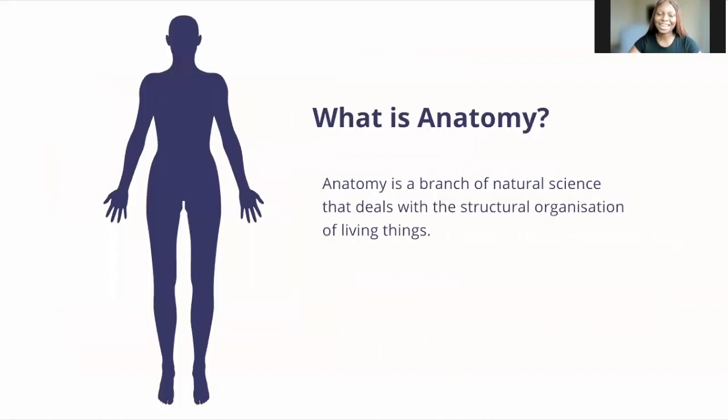Now, we all know what anatomy is in biology. I never thought I'd be talking about anatomy again after leaving my biology class, but here I am today. Anatomy is simply a branch of natural science that deals with the structural organization of living things.